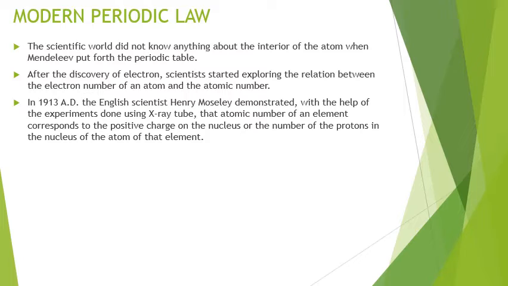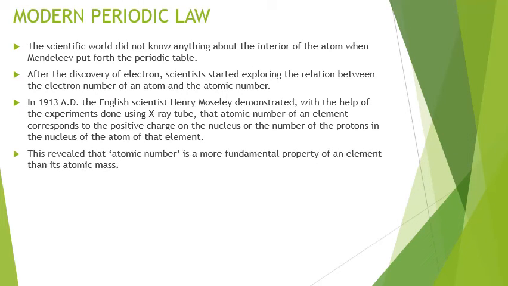Protons carry positive charge and neutrons are neutral, meaning they don't have any charge. And electrons revolve around the nucleus in orbits outside it and possess negative charge. Are you getting it?